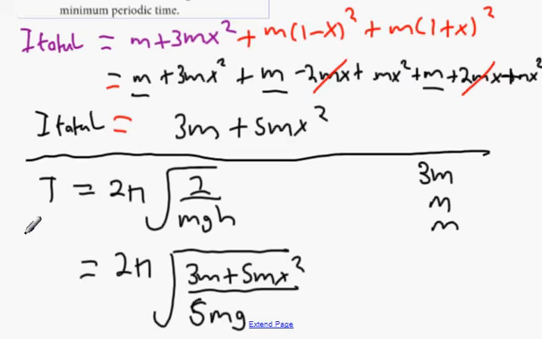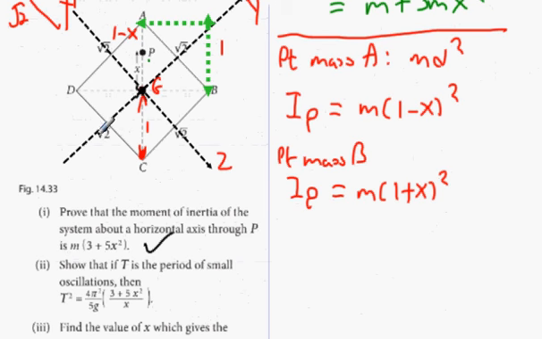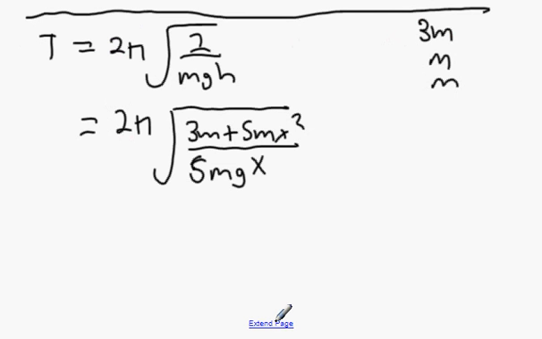Is h x in this one? Centre of gravity located here, distance x from the axis we're talking about. Yes, it is. It's still x. Okay. Square both sides. Cancel the m's.